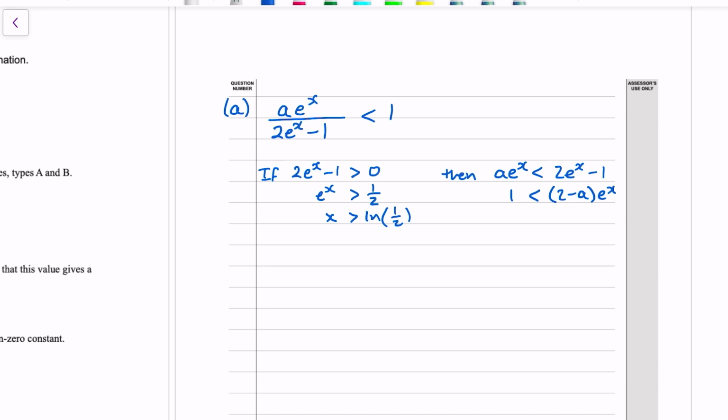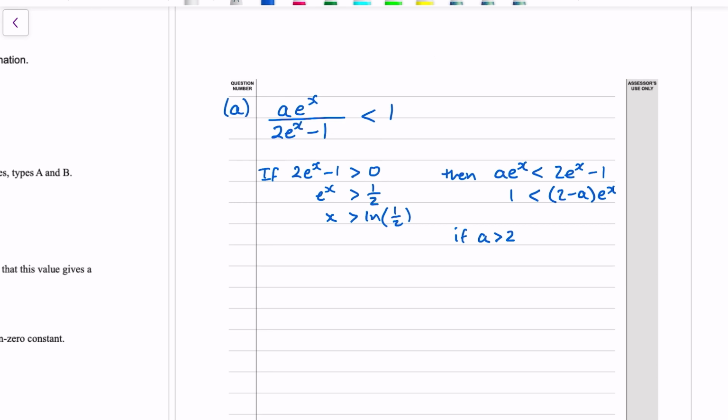Divide both sides, but alas, we've got another problem here, because we need to know what happens when we divide by 2 minus a. So it's kind of like a subcase. If a is bigger than 2, what happens?